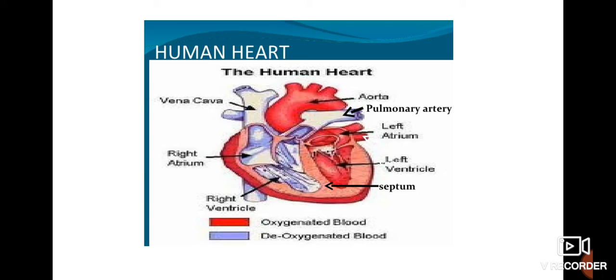Now, the atria are the upper chambers and are thinner in nature. Their main work is to receive the blood, whereas deoxygenated blood is pumped from the right atrium towards the lungs.